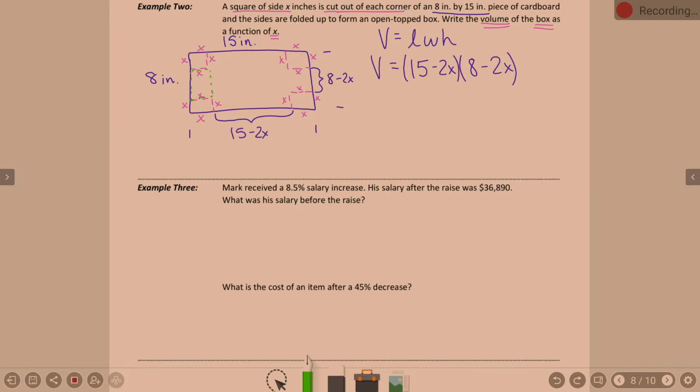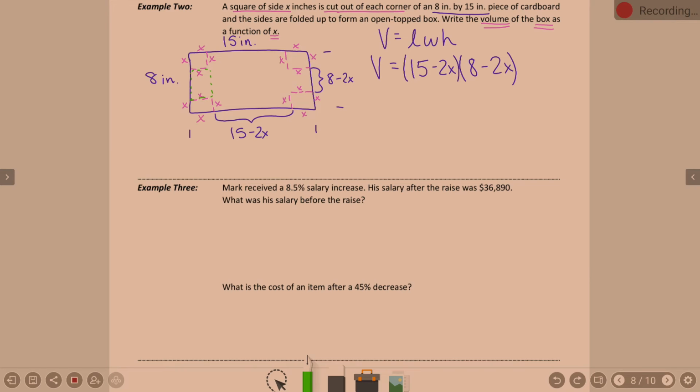I'm going to take this flap and fold it up. If I take that flap and just fold it up, that flap is the height of the box. That flap is just X.